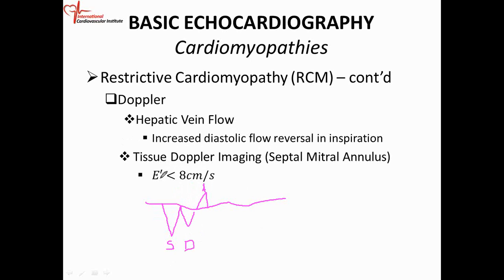Remember when we're doing tissue Doppler imaging, we're looking at the velocity of the tissue, the muscle. So if the muscle is diseased, you expect that to be reduced. So it's a heart muscle disease. So the tissue Doppler imaging E prime is going to be less than 8 centimeters per second, and that's very important. All right.